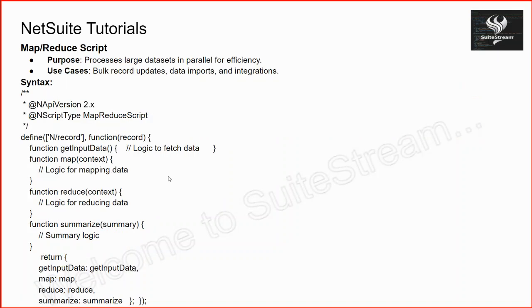Next is the map reduce script. This is a batch processing job that handles large data processing in parallel for efficiency. Use cases are bulk record updates, data import and integration purposes, and batch jobs. For example, we are doing some integration from a server. We are downloading the data from the server and processing it in batches, so it will create bulk records at a time.